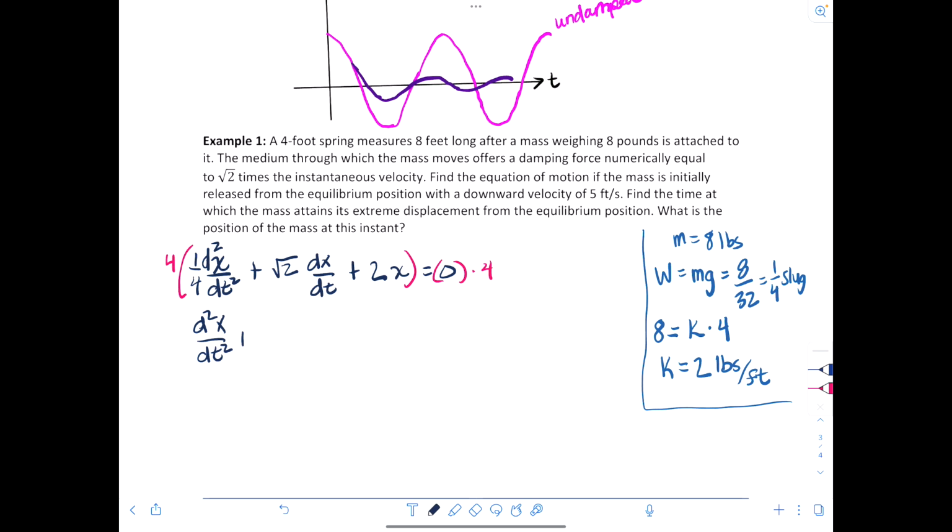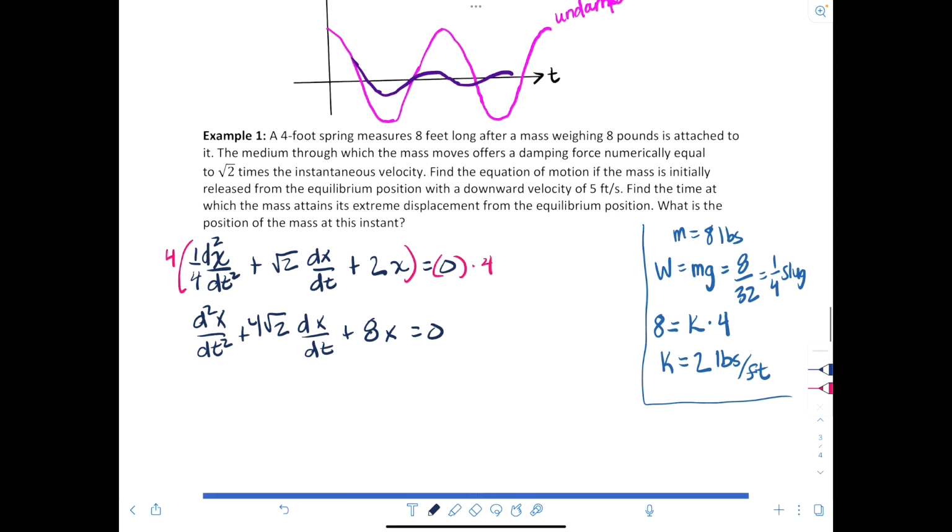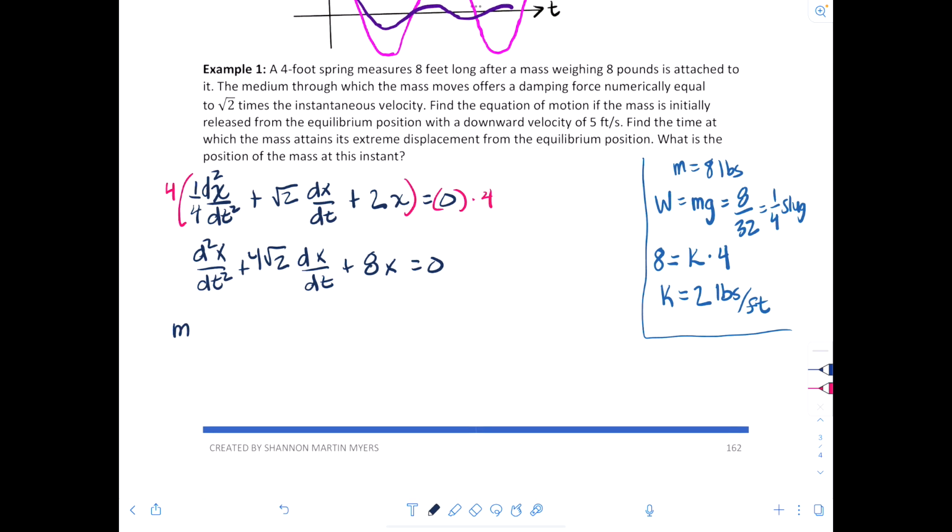we will have the second derivative plus 4 root 2 times dx/dt plus 8x, and that's still equal to 0. Now we can get our auxiliary equation, which is m squared plus 4 root 2 m plus 8 is equal to 0.